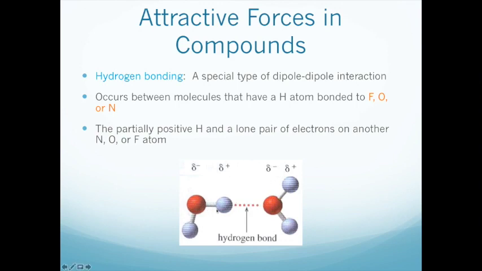And you can see it represented here. The hydrogen atom is partially positively charged. The oxygen atom is partially negatively charged and also has 2 lone pairs of electrons, and so the positive charge feels that negative charge and forms a weak bond.